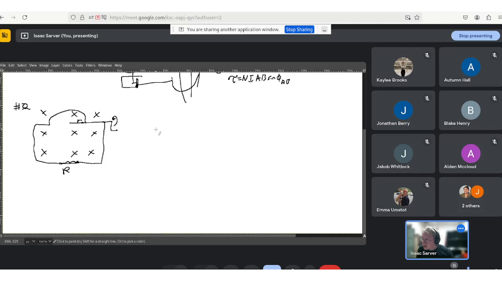So if I have my B field going like so, and my loop of wire, it's going to rotate over this way and down to this position here. Which end of the resistor is positive, the left end or the right end? Explain the reasoning.